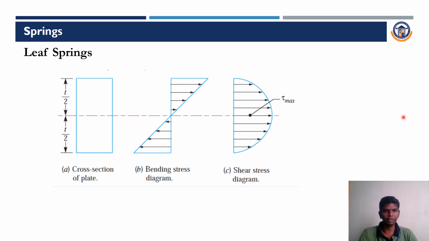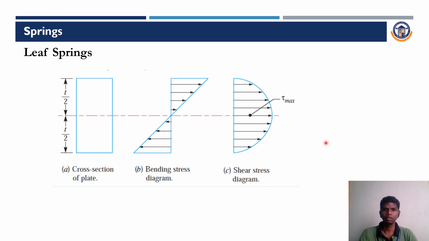So this is the leaf spring. The first diagram shows the cross-sectional area of the leaf spring, the second diagram is the bending stress diagram, and the third one is the shear stress diagram. They vary according to load.